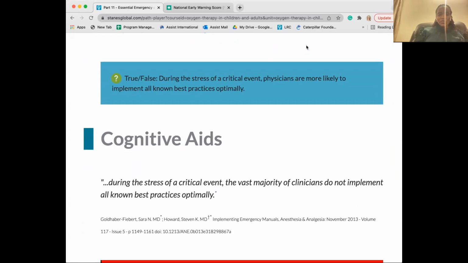True or false: during the stress of a critical event, physicians are more likely to implement all known best practices optimally. Is that true or false? Some people are saying false. I don't think this question really has a definitive answer, because at times during critical care, when you're under stress, you might not be able to implement everything, but with time, once you gather your thoughts, you'll be able to implement all that you can.